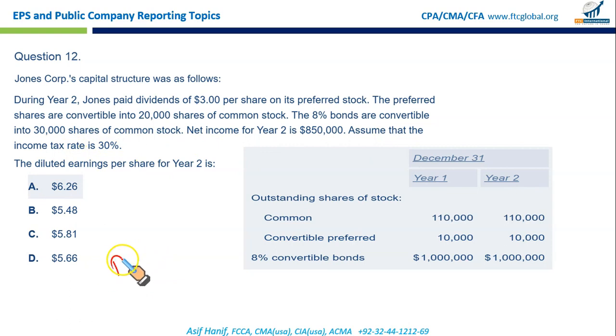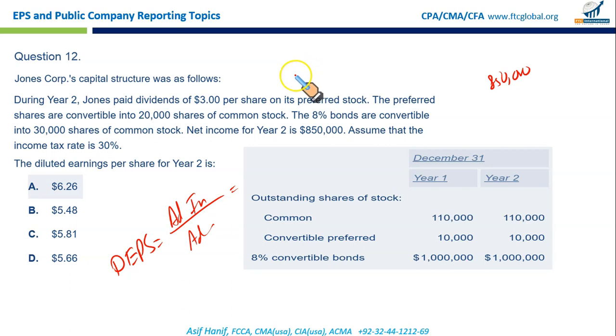So for diluted earning per share, we need the adjusted income in the numerator, and in the denominator we will have the adjusted shares outstanding. So we start off with $850,000, right? We no longer would be required to pay interest, so we need to add back interest on an after tax basis.